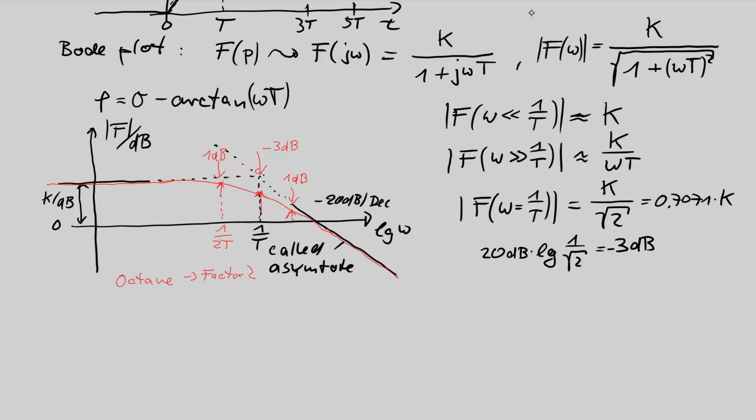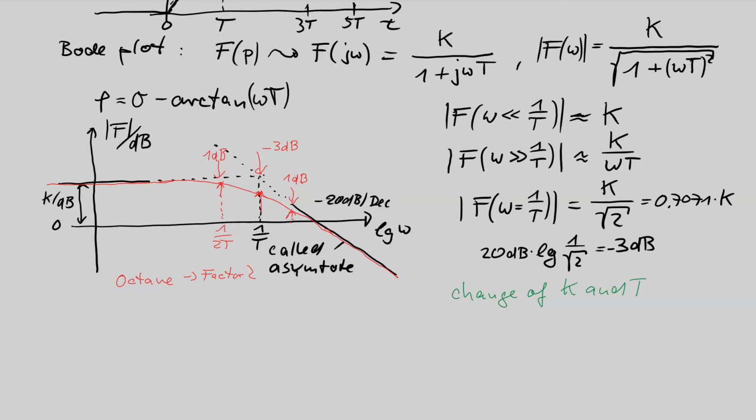Okay, with this, you see we have a very accurate drawing of the Bode plot in all details. Last question: what happens if we change k and t?